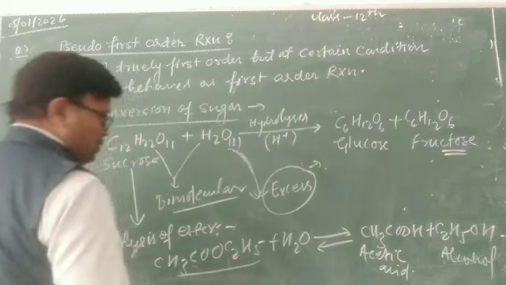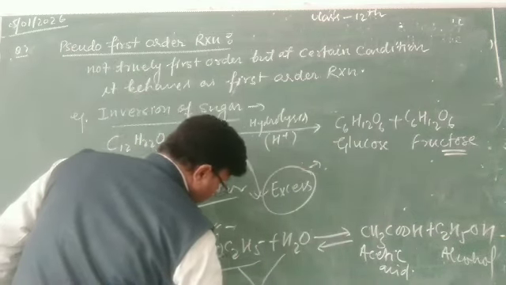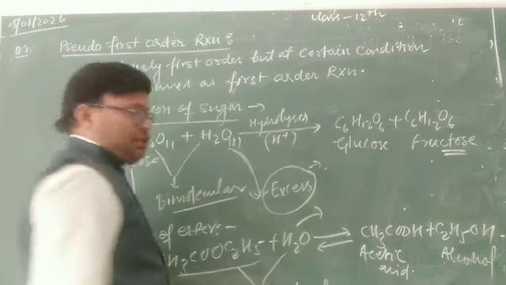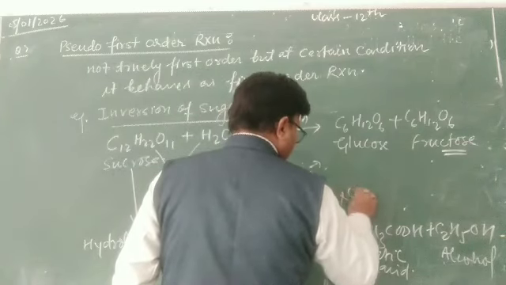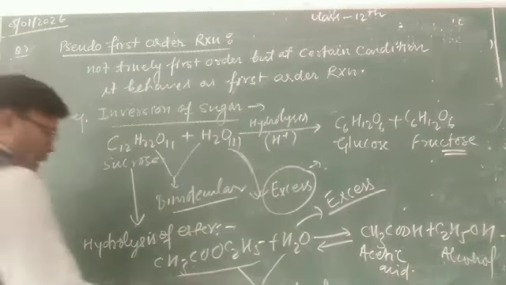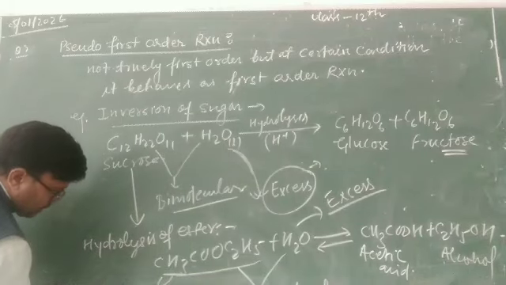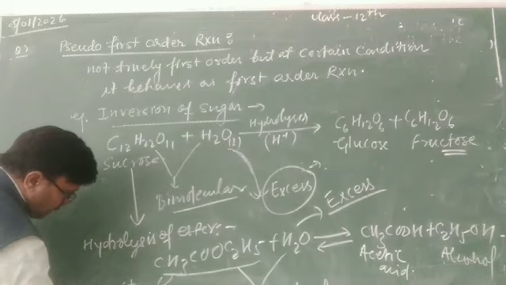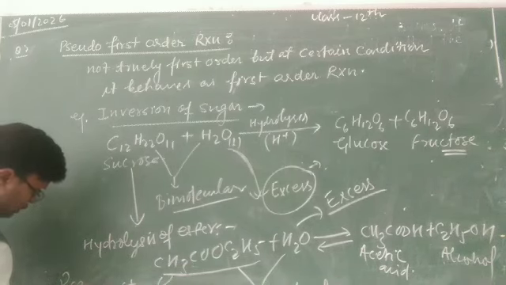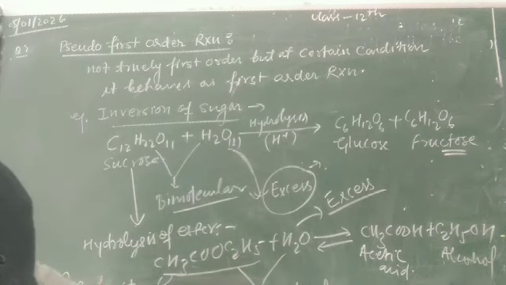In this case also the reaction is bimolecular, but the concentration of water is very large. It means it is present in excess amount, so the reaction depends only on the concentration of the ester, and hence it is known as pseudo first order because it depends on the concentration of only one reactant.